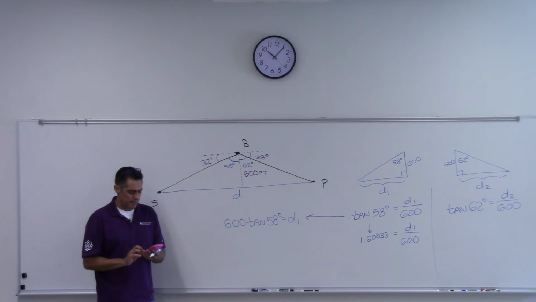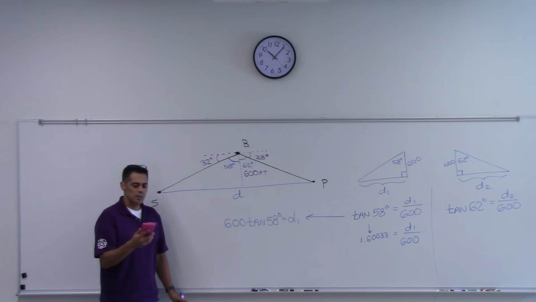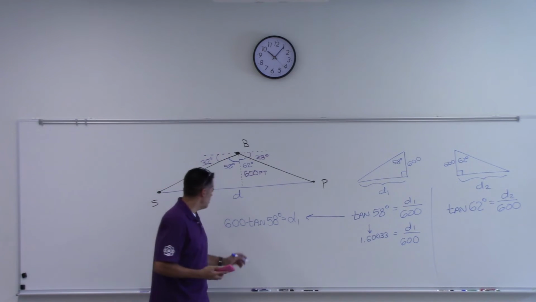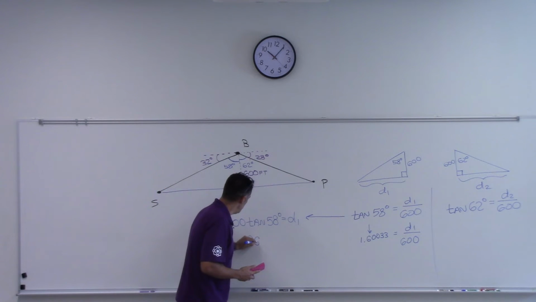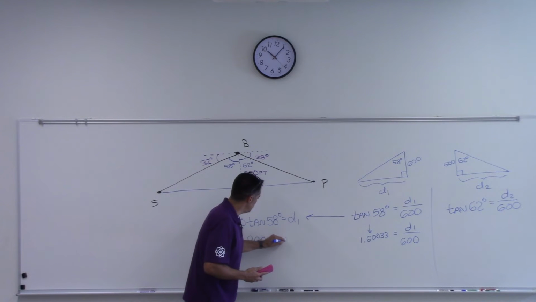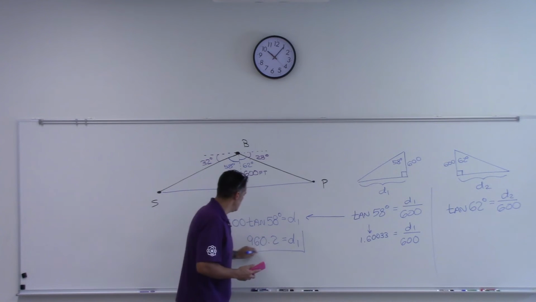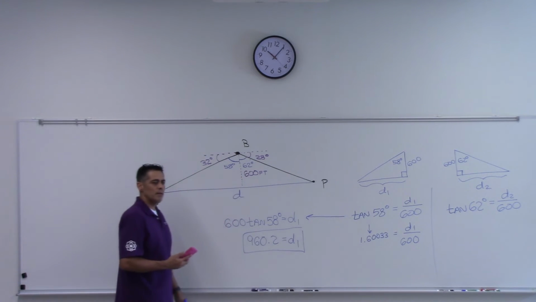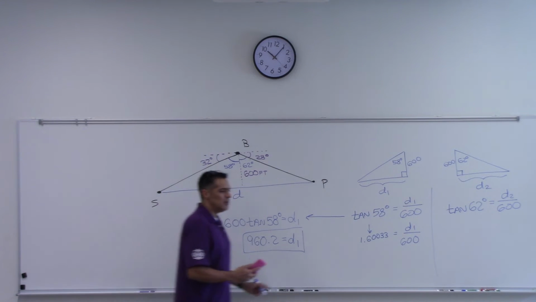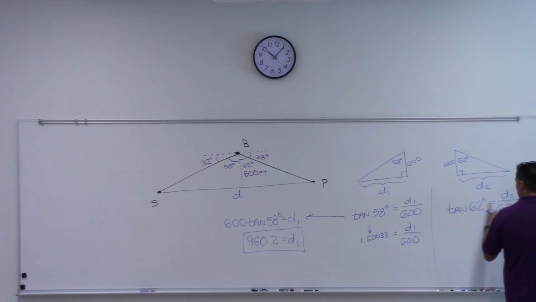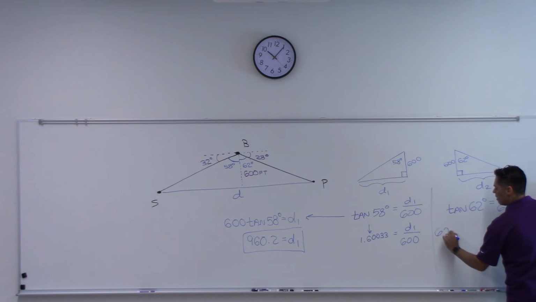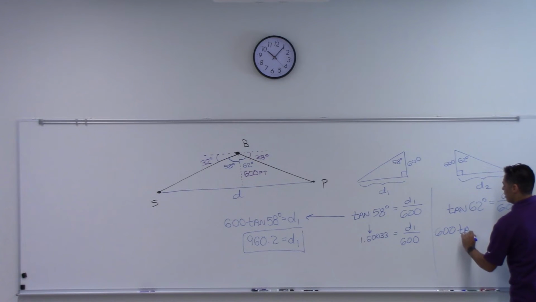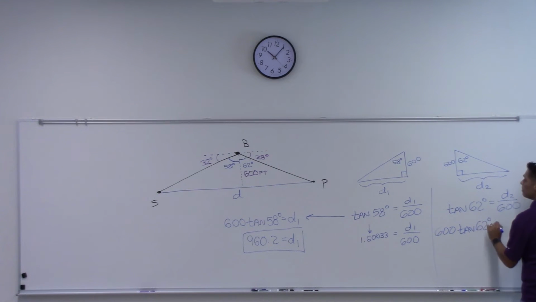What do you get? 960.2? Good enough. 960.2 is D1. All right, so far that's where we are. On this one, same thing. I'm going to multiply both sides by 600. So 600 tangent of 62 degrees is D2.